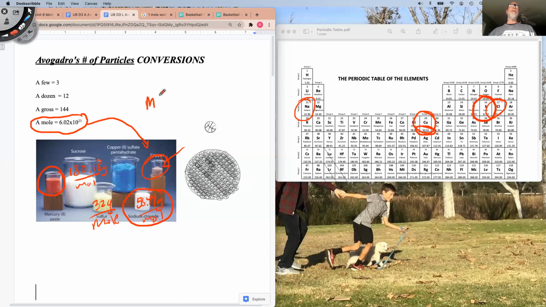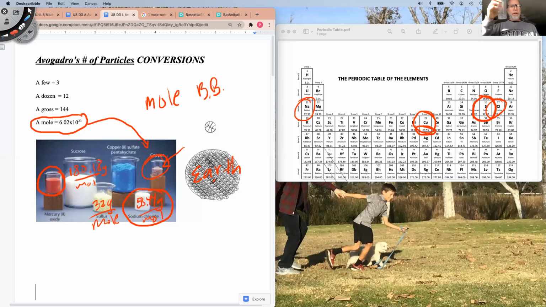But if you had a mole of basketballs, and this is just to show you how small an atom is, ladies and gentlemen, a mole of basketballs would be about equivalent to the size of the Earth. So if you took, let's just say, this amount of water right here, which for size reference, is 1 mole of water.